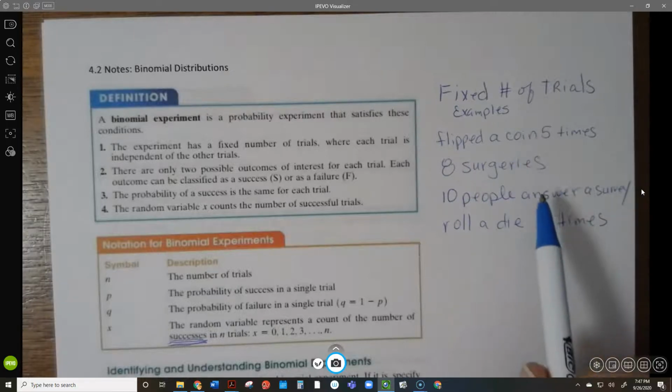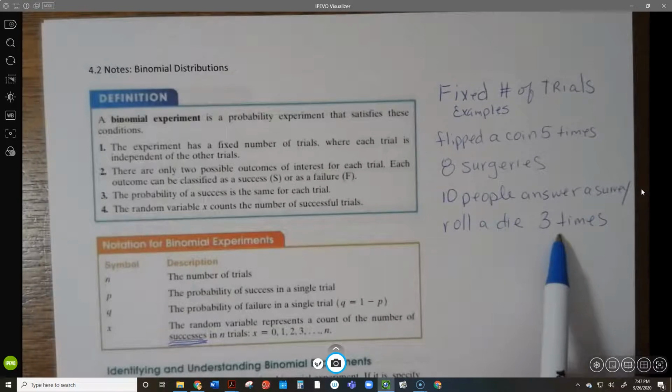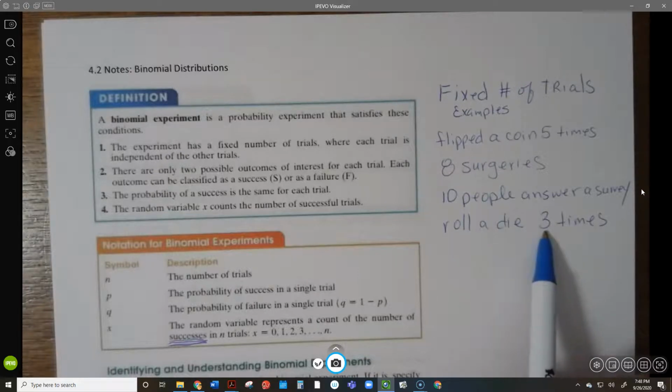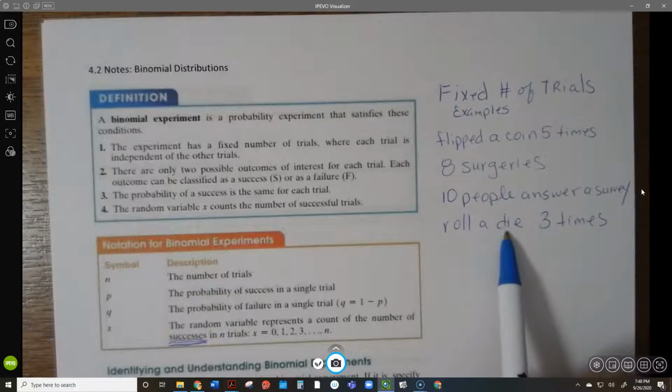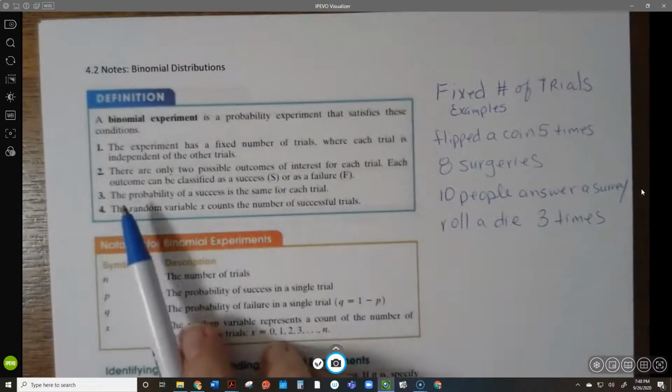You couldn't draw from a deck of cards or roll a die because there were more than 2 outcomes. But no, there are lots of different events. It's not the number of outcomes. It's not the sample space of the experiment. It's what you determine as success or failure. That's what we mean by 2 possible outcomes.